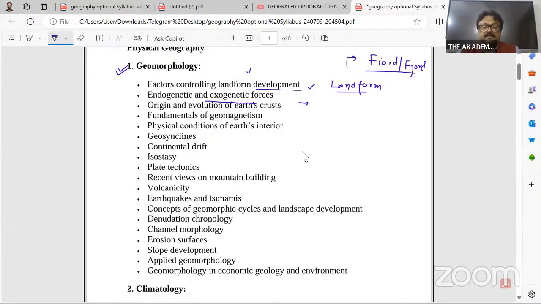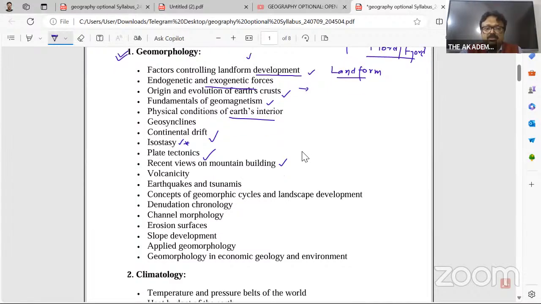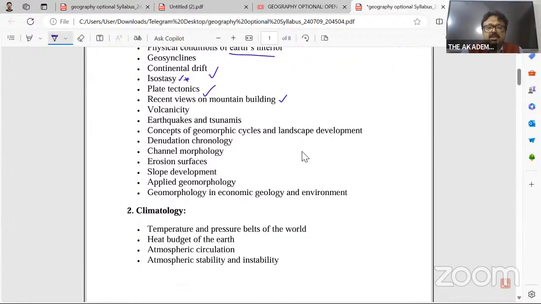Mountain building, origin and evolution of earth crust, fundamentals of geomagnetism, physical condition of earth interior, geosyncline, continental rift, plate tectonics, isostasy. Let this be part of what? Optional geography. Recent views on mountain building, volcanic eruptions and earthquakes, tsunamis, geomorphic cycle, that is core geography.